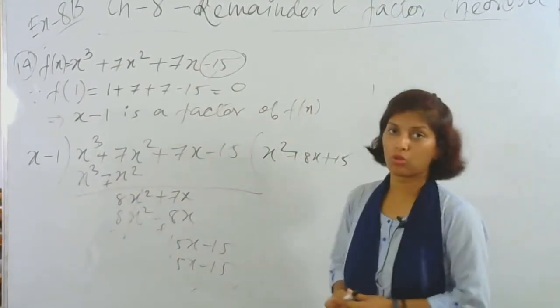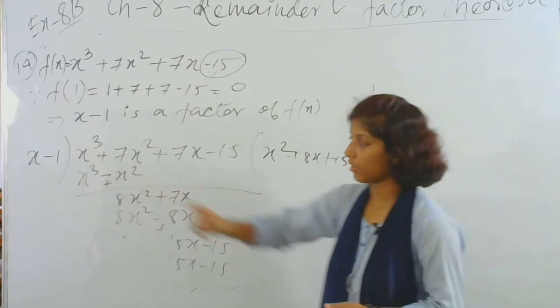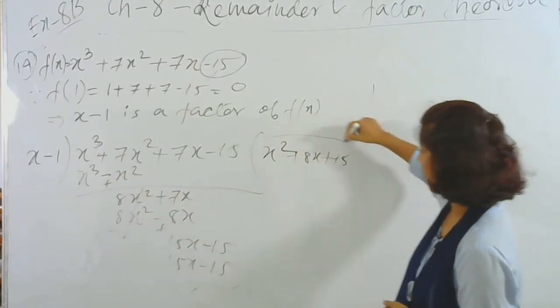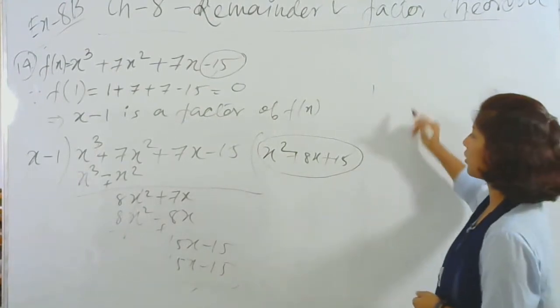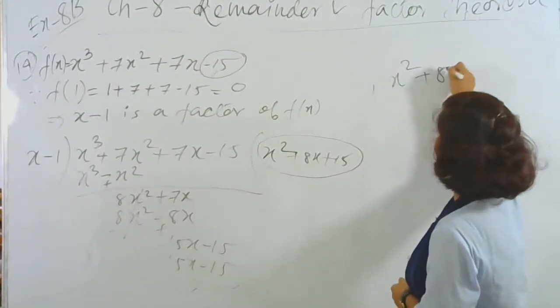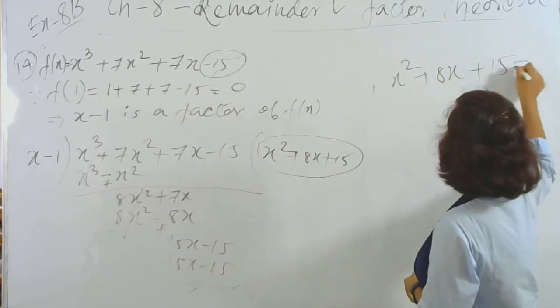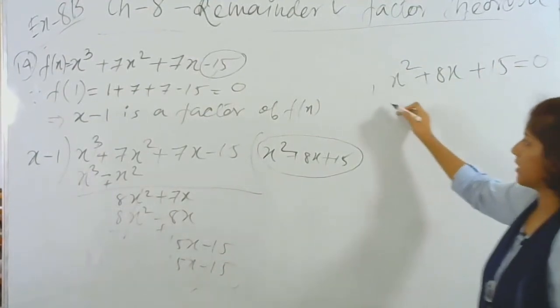So when you do division of this one by x minus 1, the quotient you get is this one, right? The other two factors will be given from this one. Now this one is easy, now you can solve it again.